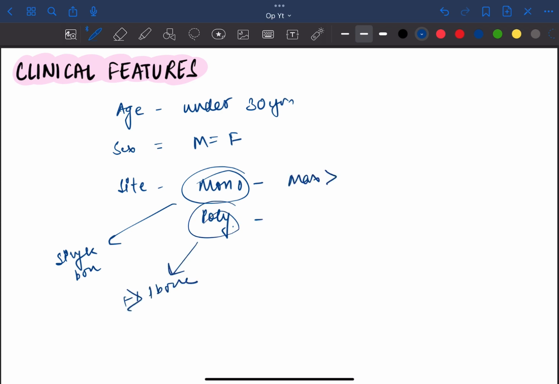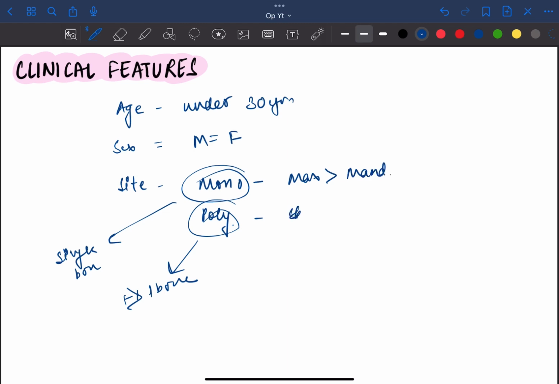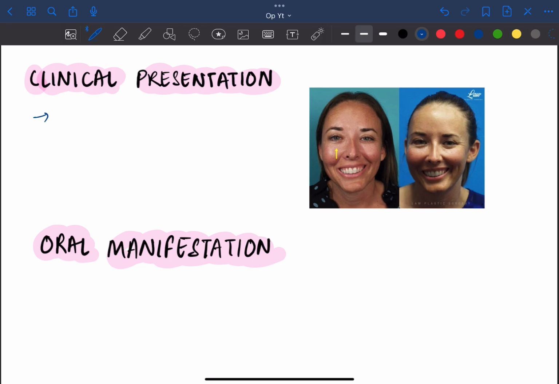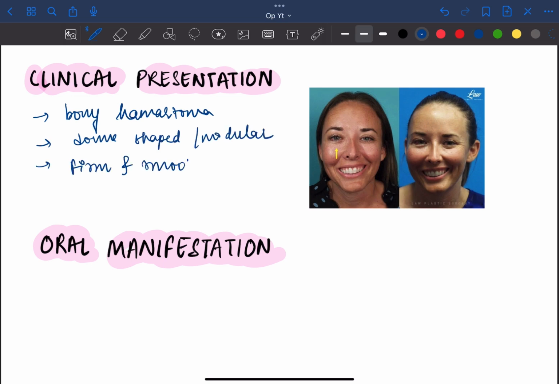Monostotic type usually occurs in maxilla. Polyostotic type involves the skull, facial bones, long bones and pelvis. The craniofacial type usually occurs in sutures. Clinical presentation. We can see a bony hamartoma, dome-shaped or nodular swelling, and the swelling will be firm and smooth.